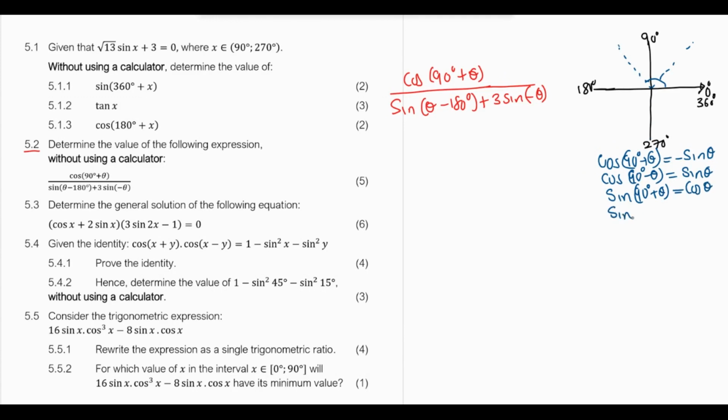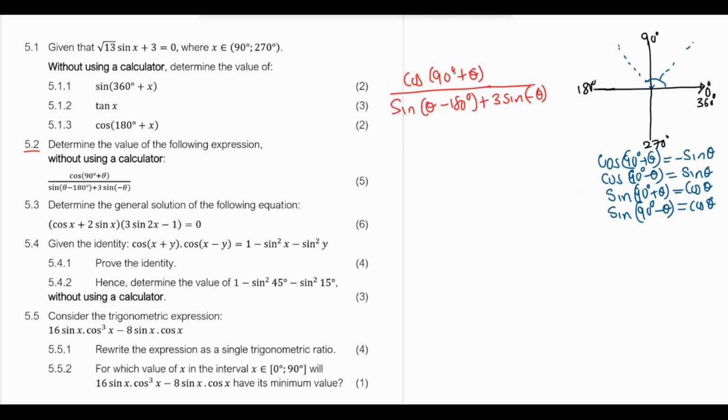And then sin(90° − θ) is equal to cos θ. Remember that 90° − θ is in the first quadrant, and all trig ratios are positive here. So these are the core functions you have to remember.